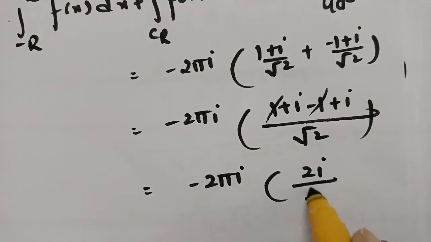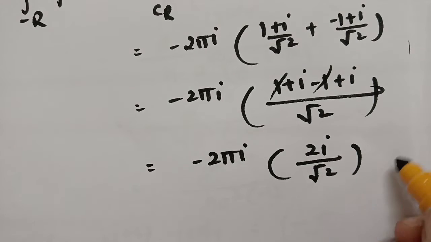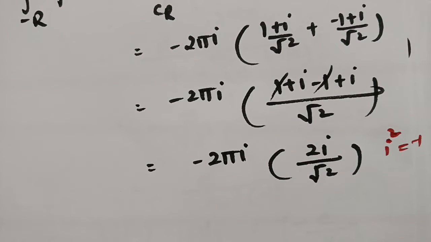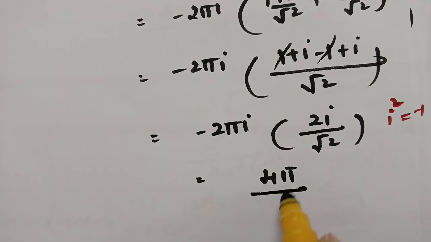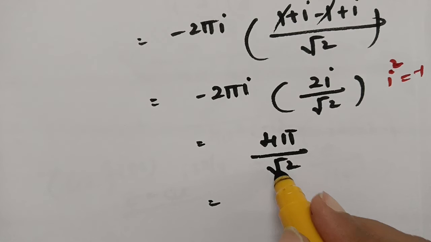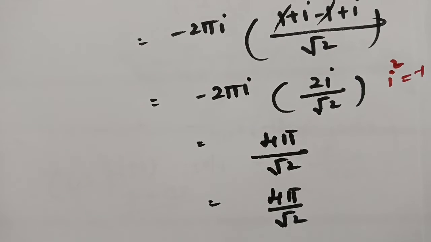This is 2 pi by root 2. I square value here is minus 1. So this will be minus of minus, plus 1. So the value here will be 4 pi by root 2.